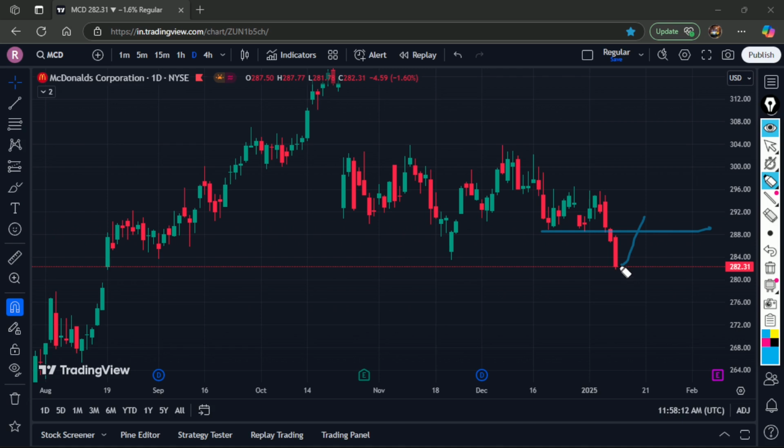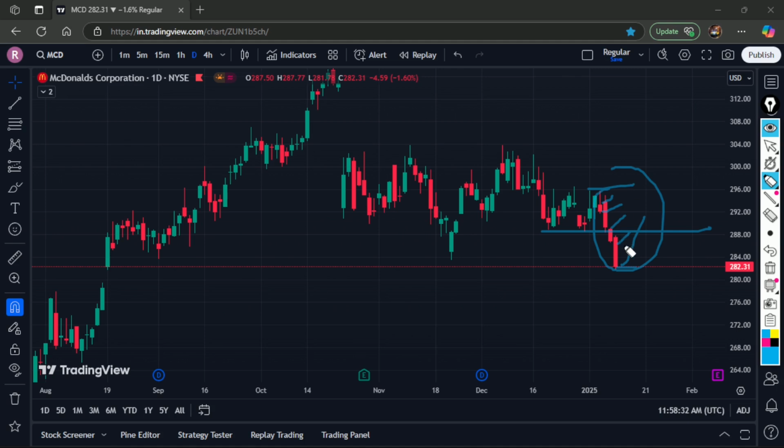We can say there are multiple groups of people, many people who are waiting here to sell, but as we can see, the candles are too large here and there is no good point to put an SL.